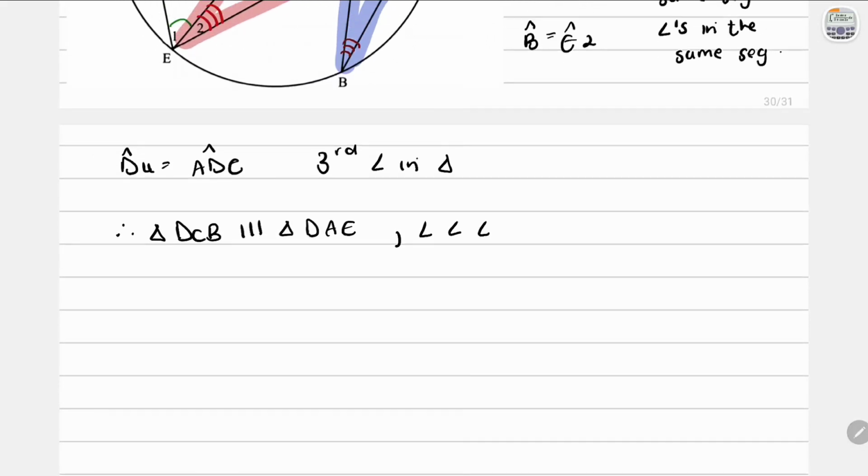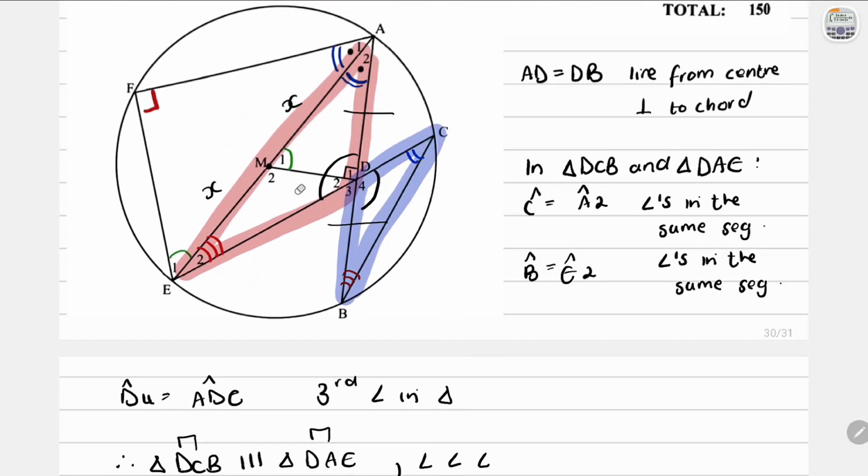Okay, so what I'm trying to look at is where is AD in our proportion? AD is here. So I have to say AD over, now it has to correspond in that second triangle. So if I take AD, I must take CD.